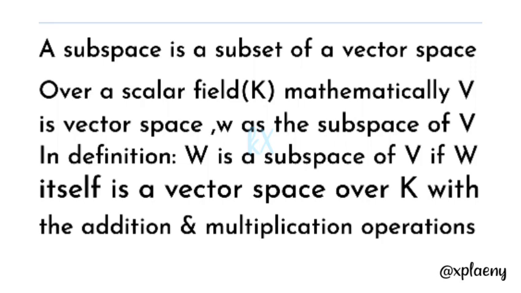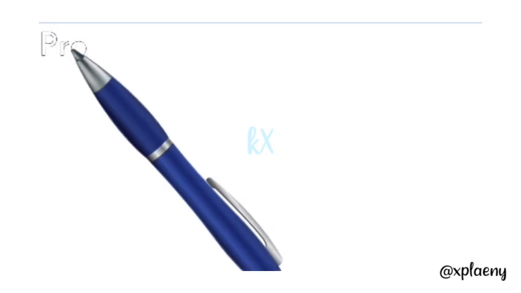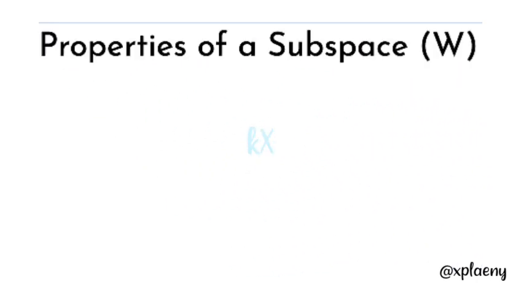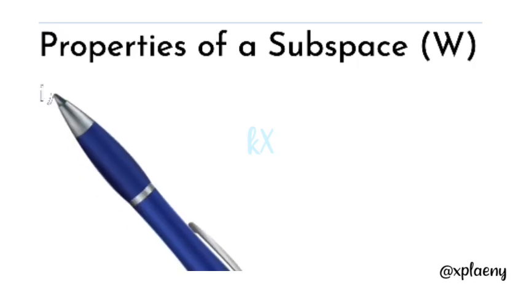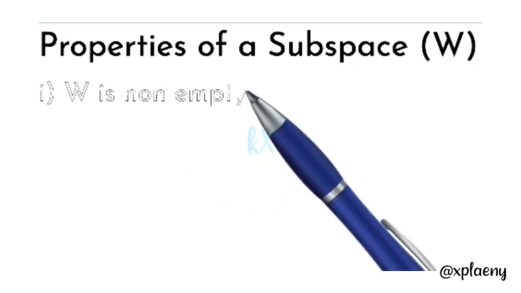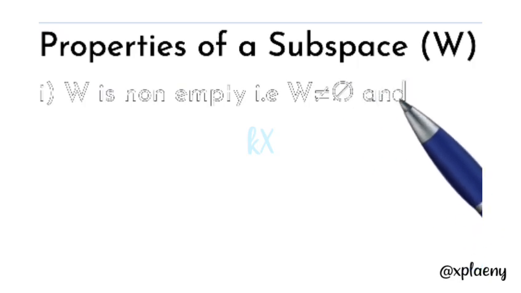And there are rules guiding a subspace, which we call properties. There are properties that guide us to know when W is a subspace of V. So let's look at that quickly. We have the properties of a subspace W. The very first property is that our subspace must not be empty.